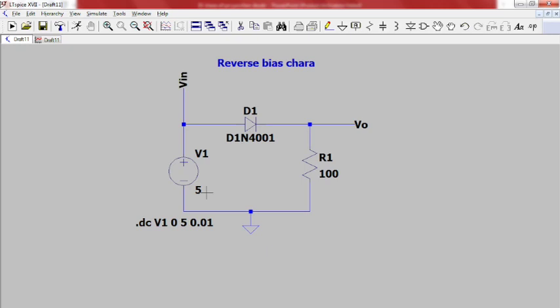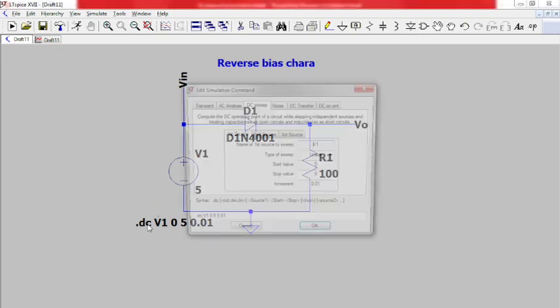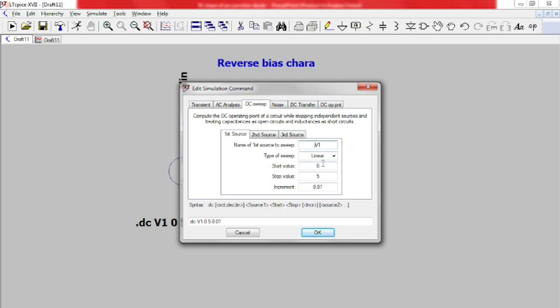For changing the voltage into negative, we can change the dot DC parameter. Move the cursor over dot DC and right click. It is the parameter for the forward bias condition, starting from 0 volt to 5 volt.